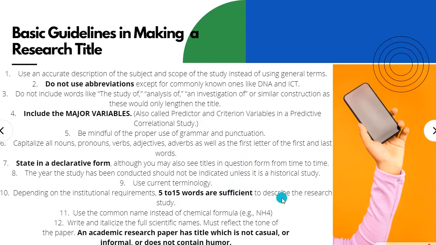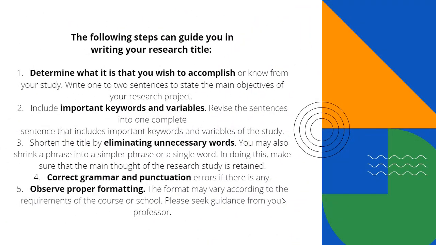The following steps can guide you in writing your title: determine what you want to accomplish, include important keywords and the variables, eliminate the unnecessary words, correct grammar if necessary, and observe proper formatting.